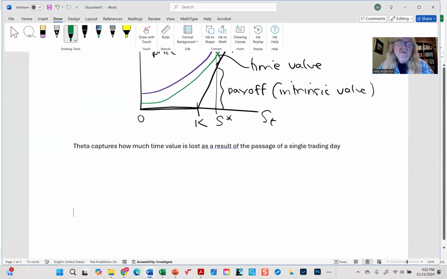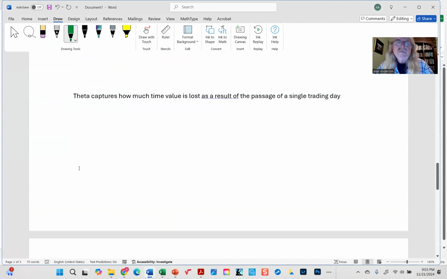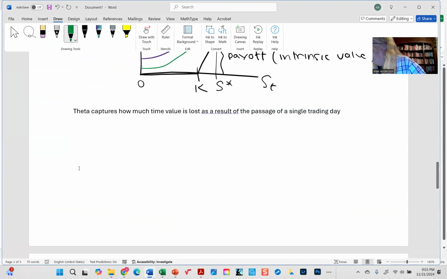So convergent would be something like this. Let's say we're trying to simulate the Black-Scholes price with let's say the binomial option pricing model. And so here's the number of time steps.